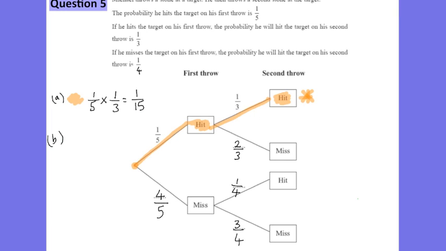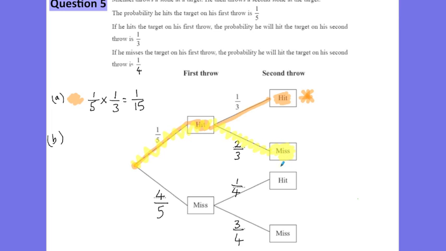In part B, we're asked to calculate the probability that he hits the target only once in the 2 throws. It doesn't matter if he hits the target on his first or second throw, but he must hit only once. Take another pen. If he hits once on his first throw, only once, he must then miss.